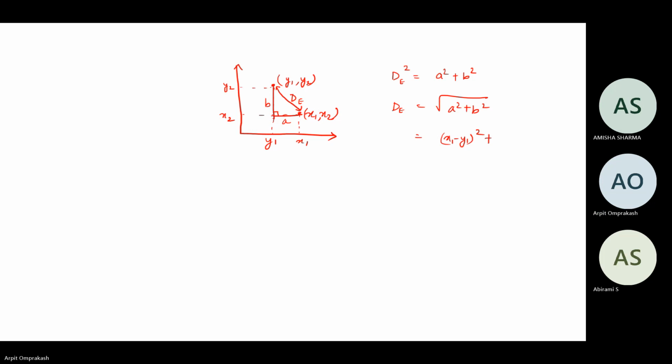B is x2 minus y2, or y2 minus x2, whole square, whatever. Since we are taking a square, it doesn't matter. So this is what is meant by Euclidean distance when we write the square root of the summation of (xi minus yi) whole square. For all of the corresponding elements, we take the difference, square it, add it, and take the root. Is this clear?